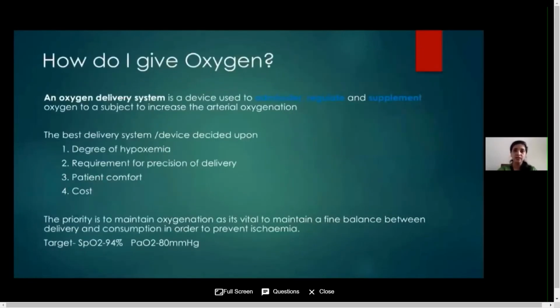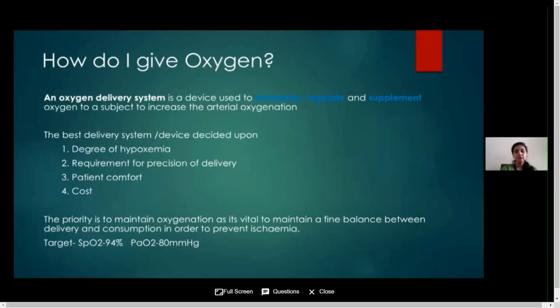How would you start oxygen therapy in such patients? So oxygen is given via an oxygen delivery system. It's something that is used to administer, regulate, and supplement oxygen to these patients. And the device is decided upon depending on the degree of hypoxemia, the requirement for precision of delivery, patient comfort, and cost.